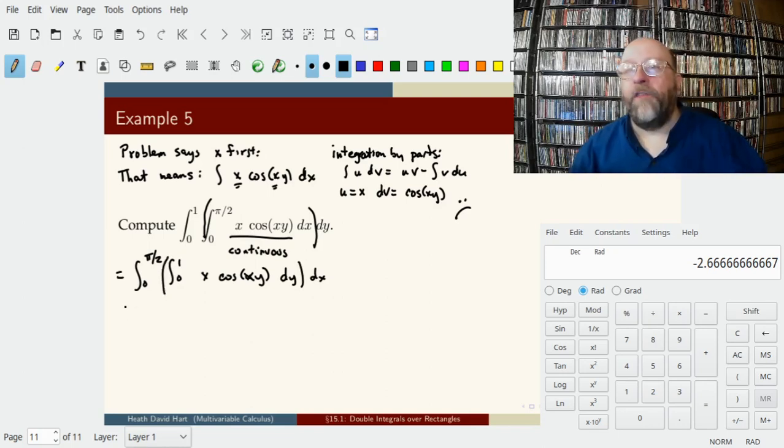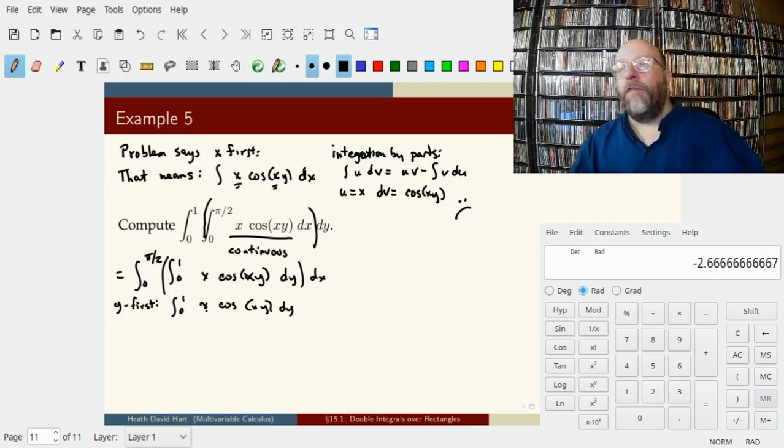And let's see how much simpler that is. So we're going to do y first. So the integral from 0 to 1 of x cosine xy dy. This is just a constant times cosine of a constant times y. Well, a constant we can pull out to the front. I can actually just pull out the x to the front.